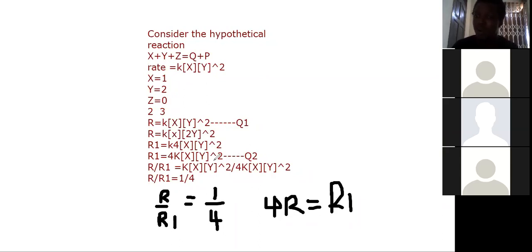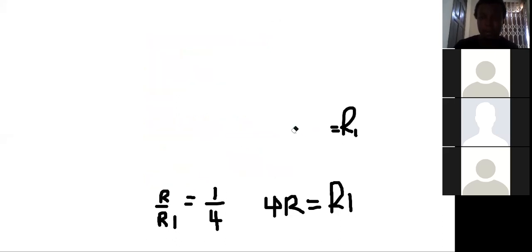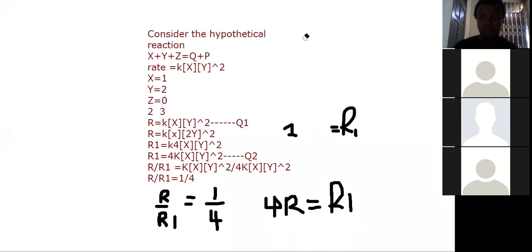So breaking this down, I get 2 raised to the power 2, and R is also equal to, the order is 2. Please, do we all understand?